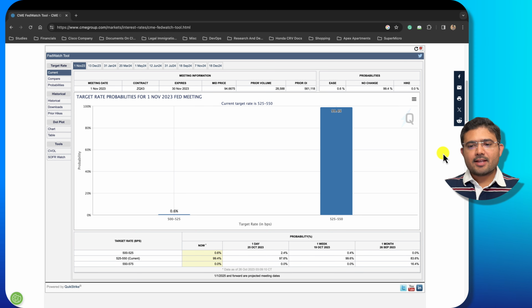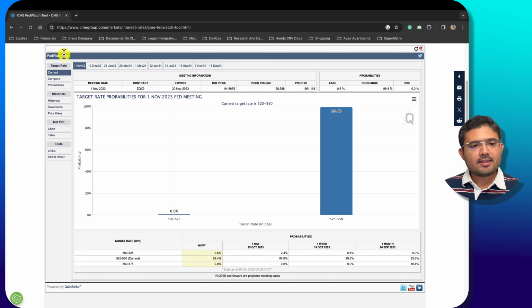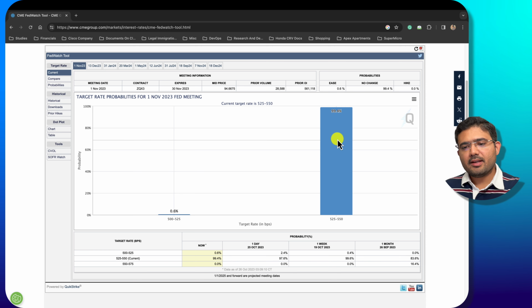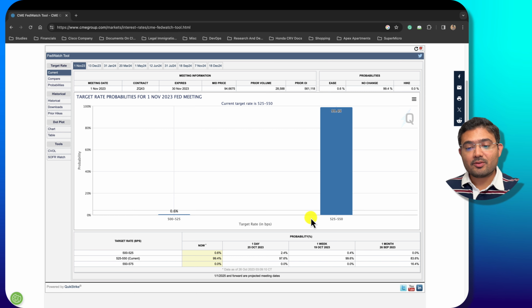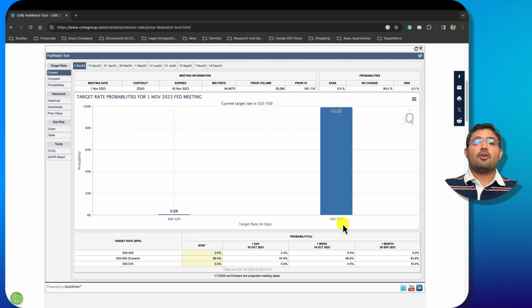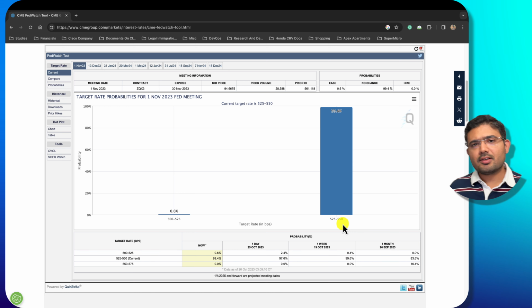This is the Fed Watch tool from the CME, and the CME data suggests that there is a 99.4% chance that the Fed is going to keep the terminal rate at 525 to 550, that is 5.25% to 5.5%.